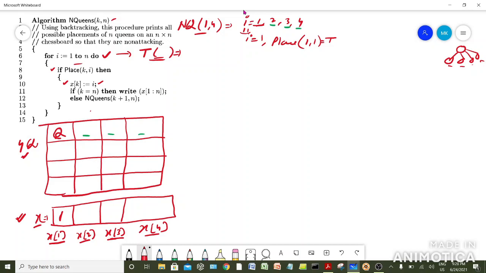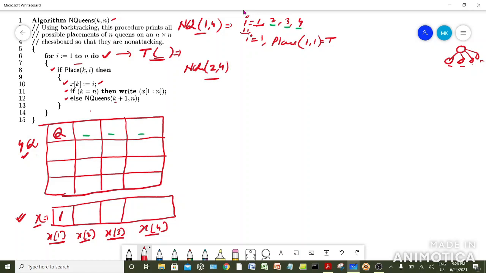Then we made a check whether k was equal to n, which is not, because we have just placed the queen in the first row. We need to place 4 queens, or fill 4 rows, so this condition is going to be false. So we move to the else part, that is the call to n queens with arguments 2 and 4.